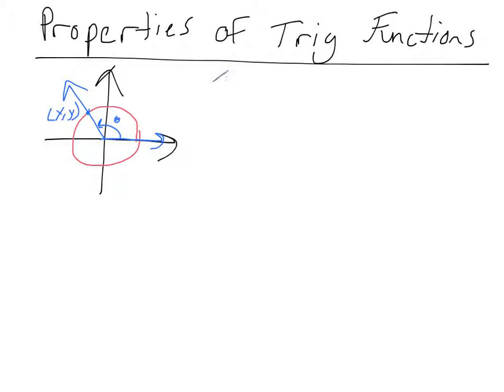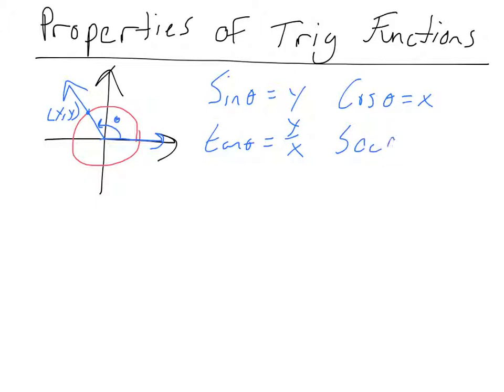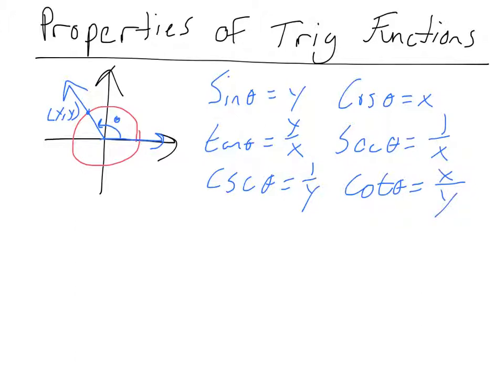And so the basic definitions: sine theta equals y, cosine theta equals x, tan theta equals y over x, secant theta equals 1 over x, cosecant theta equals 1 over y, and cotan theta equals x over y. Right, so those are all the definitions that we're working with today.